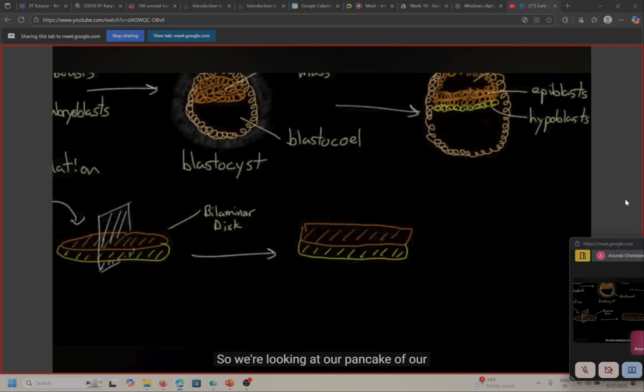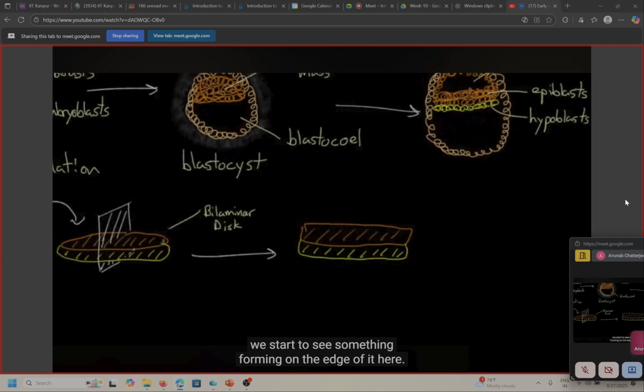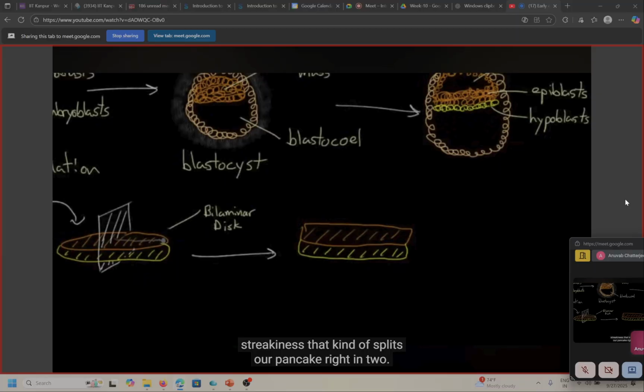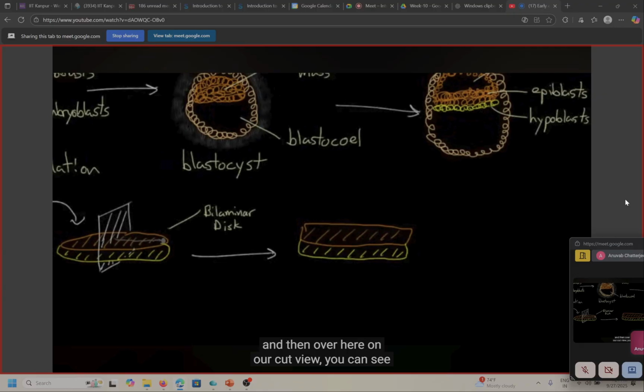So now we're looking at our pancake, and we notice we start to see something forming on the edge of it here. And that something looks like a little bit of streakiness that kind of splits our pancake right in two.